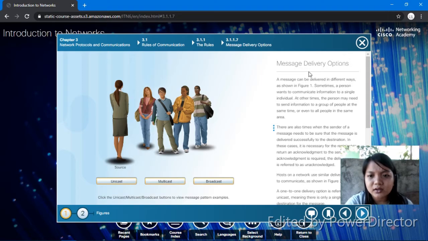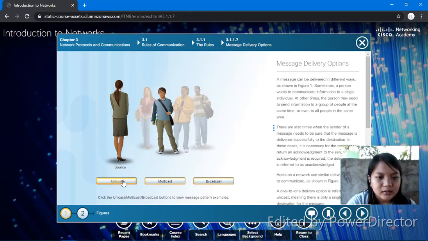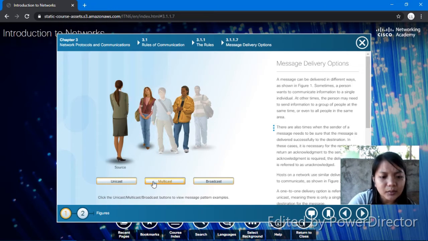Then message delivery options. We will focus on this diagram. The first is unicast. Unicast is for two people only. The source and the destination is one only. She is speaking to one person only. Next is the multicast.